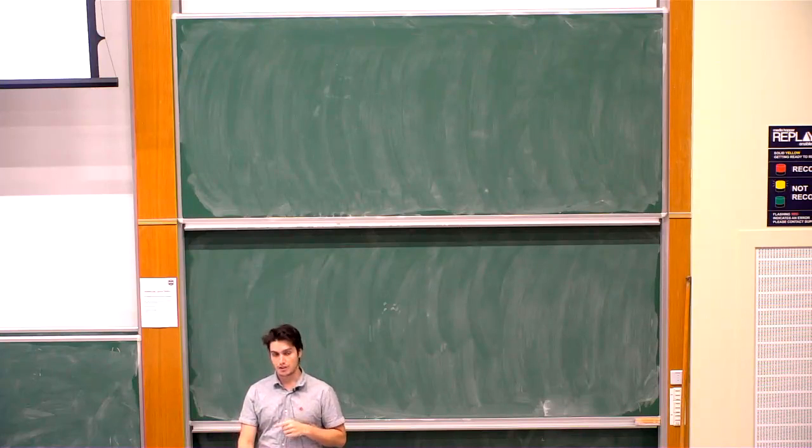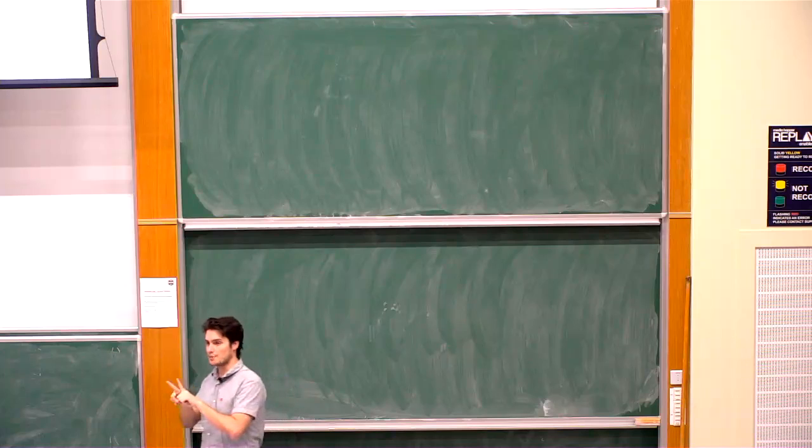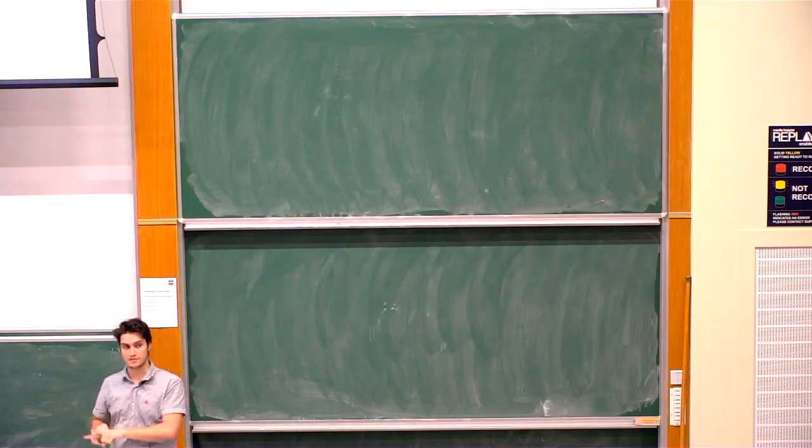Now, if you recall the definition of surface integral for vector fields, what we are doing essentially here with this symbol is taking the scalar product of the vector field with the normal direction of the surface.